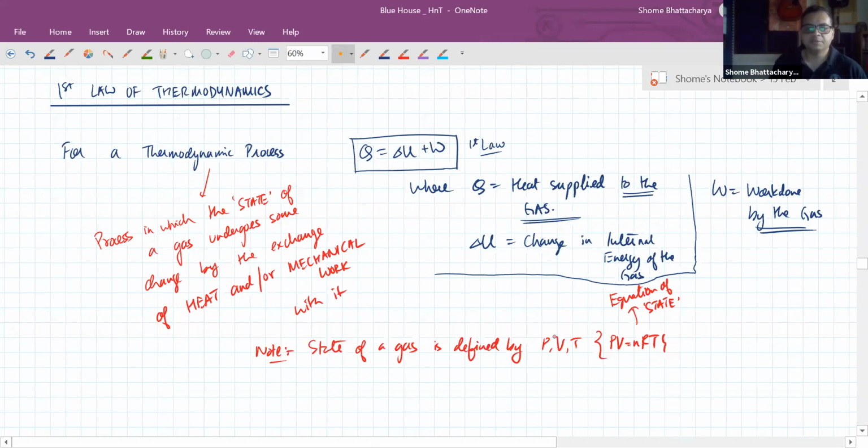So its pressure, volume, and temperature, at least one of them, is undergoing some change. Such a process is called a thermodynamical process, and that's happening with the exchange of heat and mechanical work, and or. Okay.